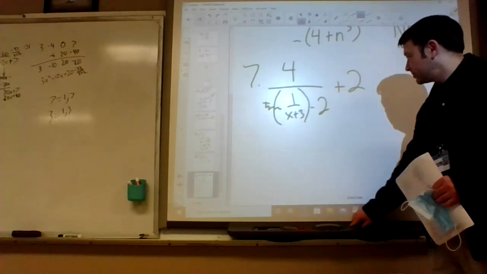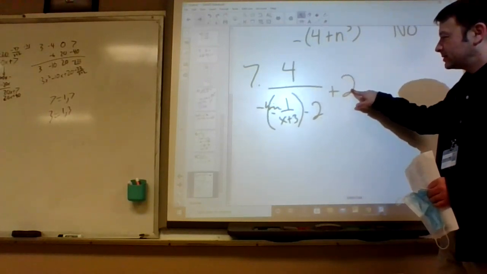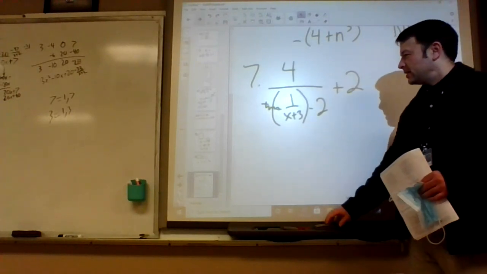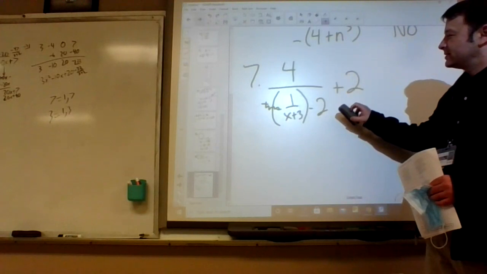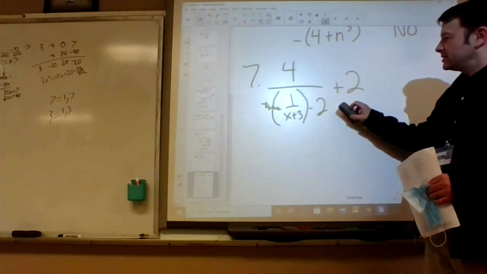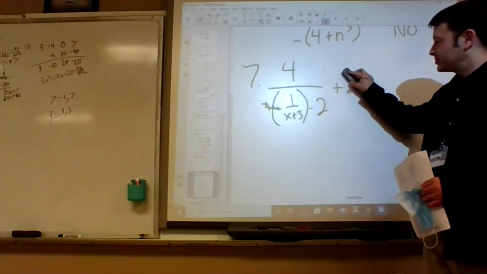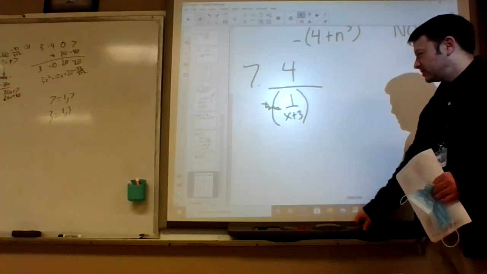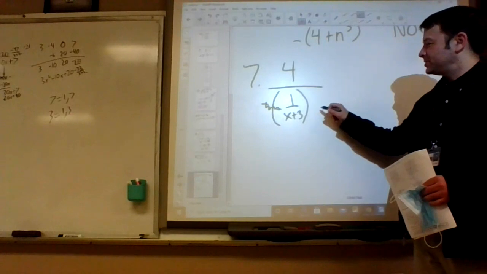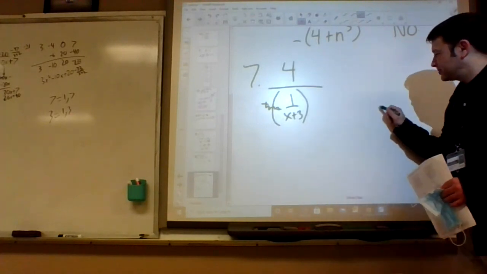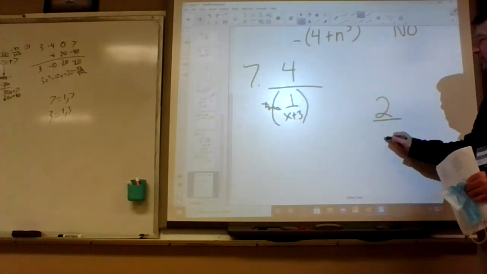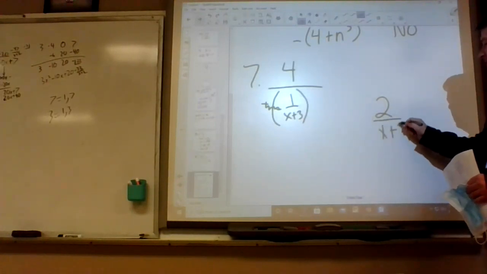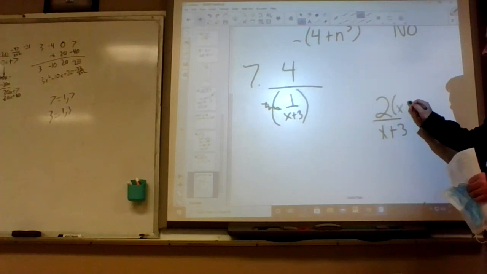To add fractions, you need a common denominator, right? So 2 over 1, if I multiply by x plus 3, it would be like that.